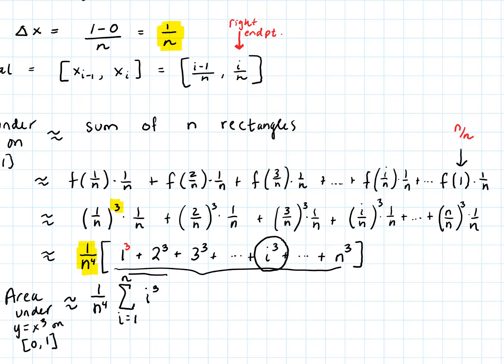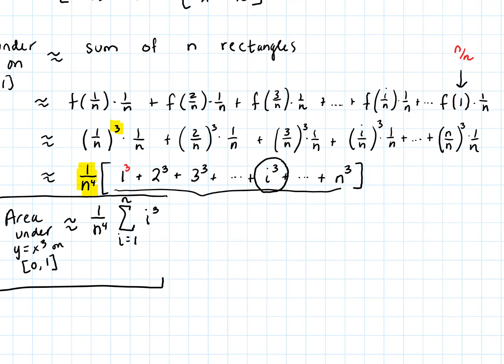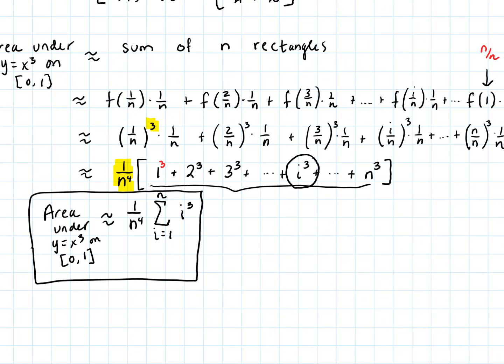And this is an approximation. Now here's where it becomes pretty fun, as we get into our next branch of calculus, finding areas under curves. This is an approximation, everything we've been doing, because we've used n rectangles. We can let n be 1,000 or 1,000,000 or 1,000,000,000, however many we want, but it is still an approximation.